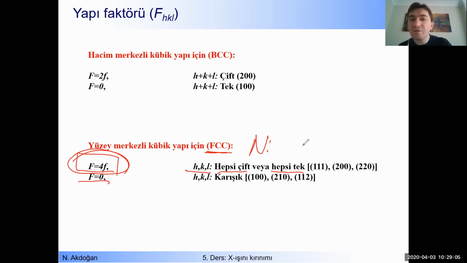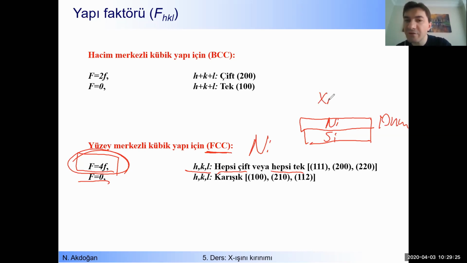If you don't know that information, let's consider that you have a thin nickel layer on silicon substrate. This is silicon, and then you have nickel here. Let's say thickness is 10 nanometer. And you would like to investigate that nickel by using X-ray diffraction method.